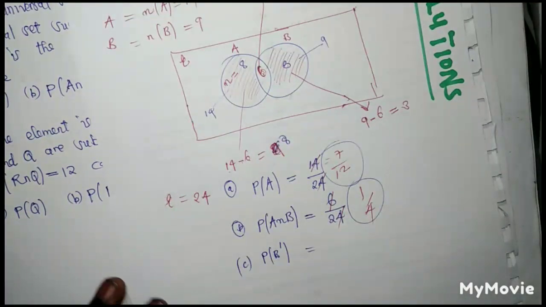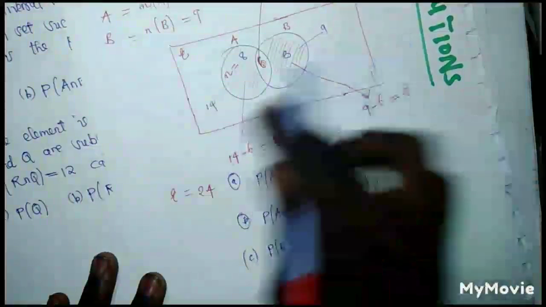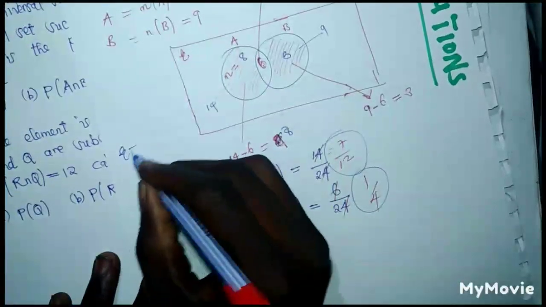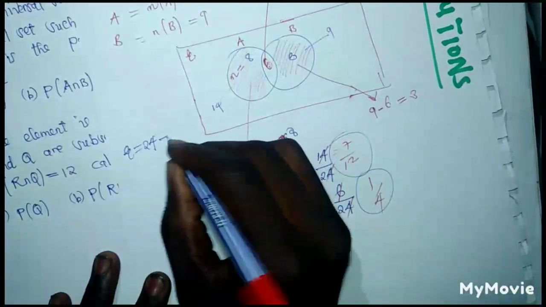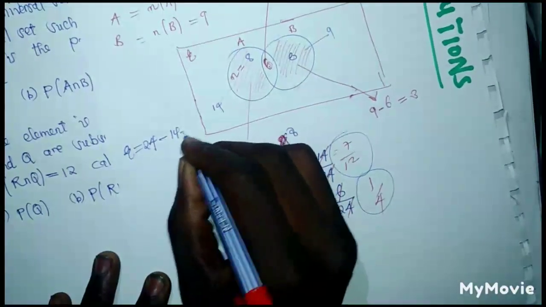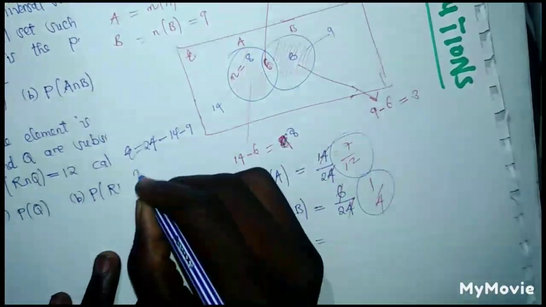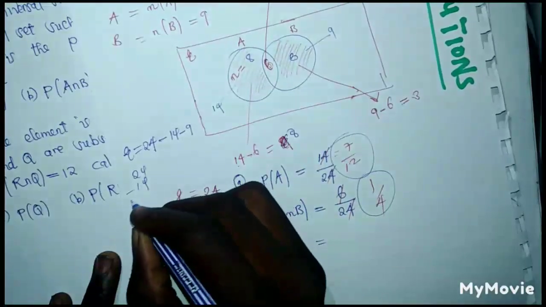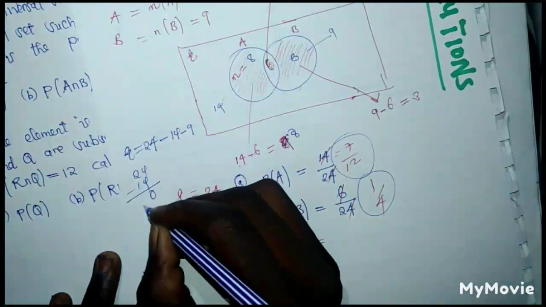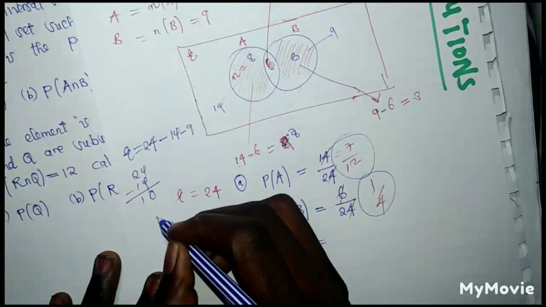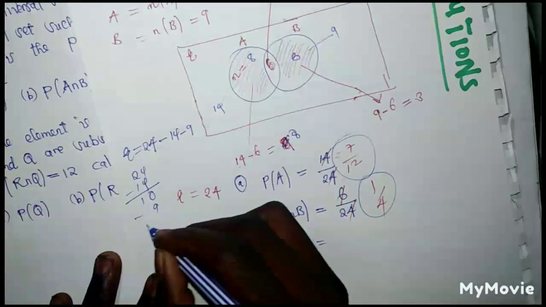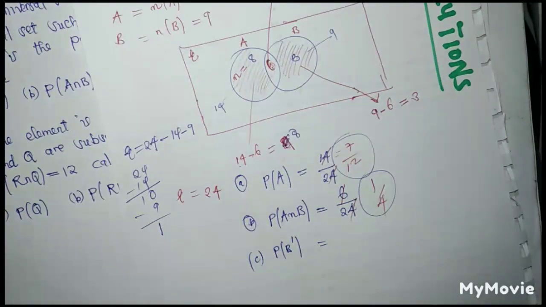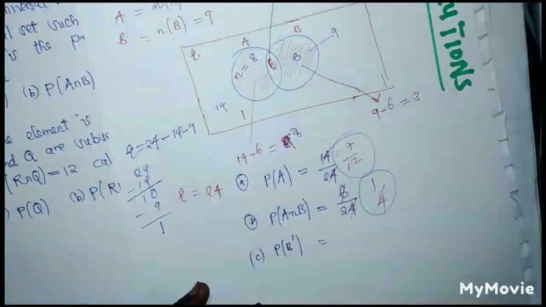So to find the complement, we are going to say E is equal to 24. 24 minus 14 minus 9. So 24 minus 14, this is 10. 10 minus 9, this is 1. So an element outside here is probably 1.